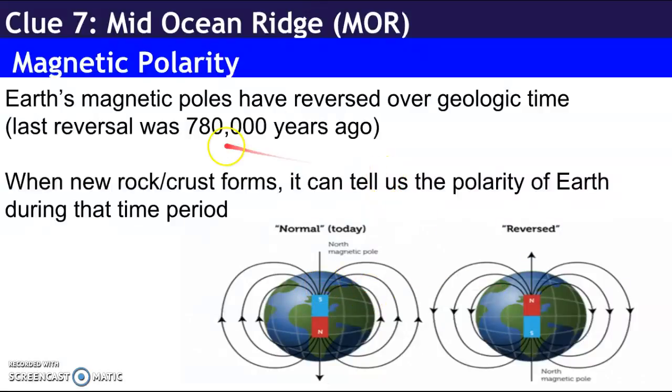But years ago, and we see that the last shift was about 7,800 years ago, it was reversed polarity, which meant that magnetic north was pointed this way, magnetic south was pointed this way. So if we had been around at that point and had a compass, our needle would actually be pointing south. They discovered this because, looking at the rocks, they started to shift over time back and forth from north to south. So they ended up finding these stripes along the ocean floor.